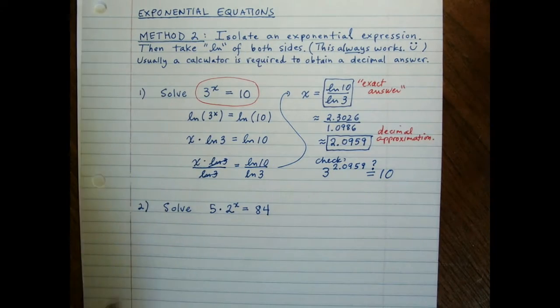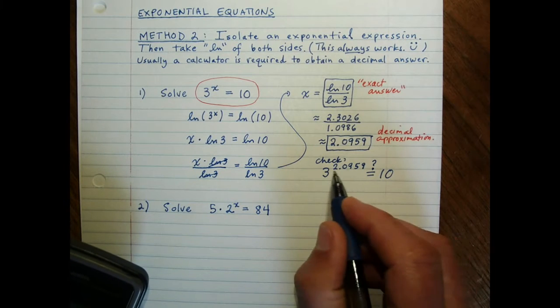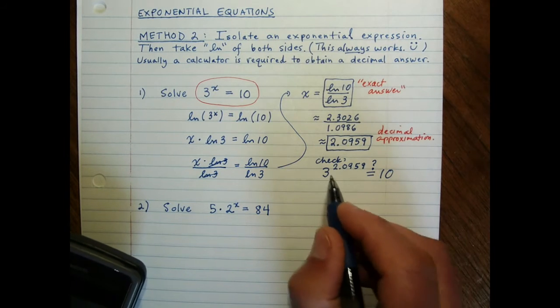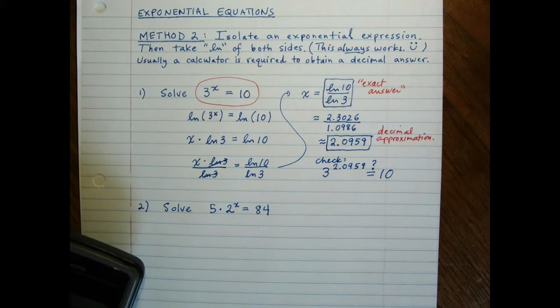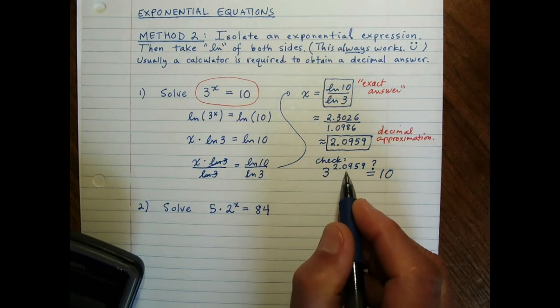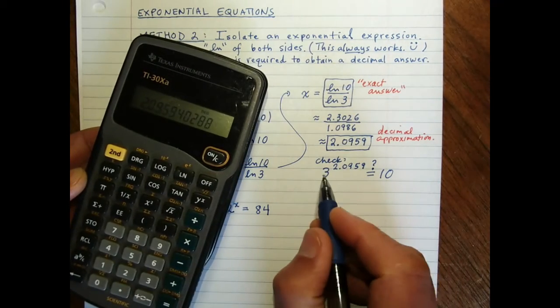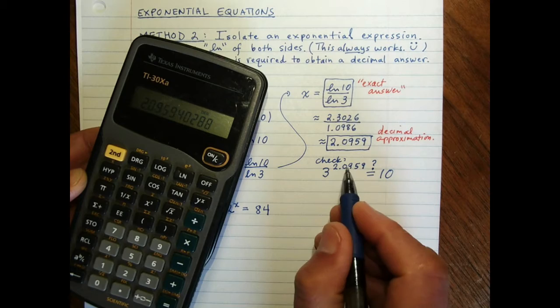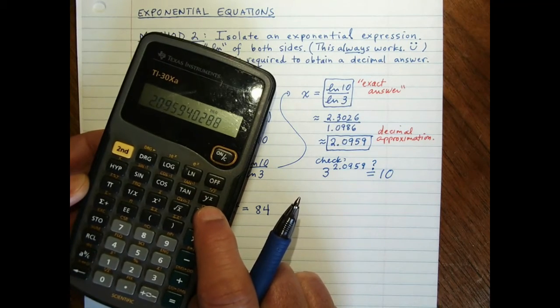That decimal exponent has a weird interpretation, but there is a point with that x-coordinate on the graph of the exponential function 3 to the x. I'm going to just plug in. I do have a button on my calculator for taking a number to a power. It's the y to the x button on this calculator.